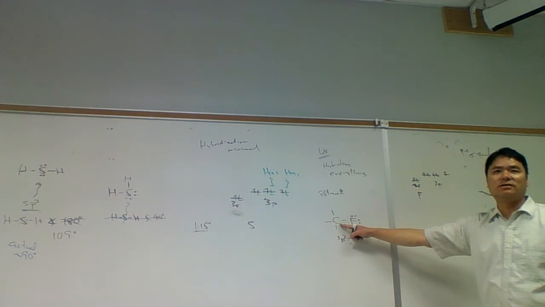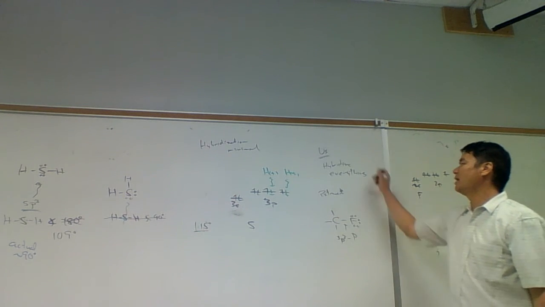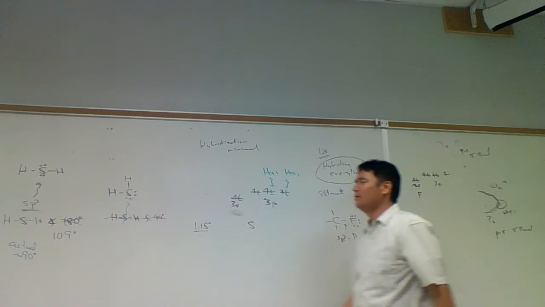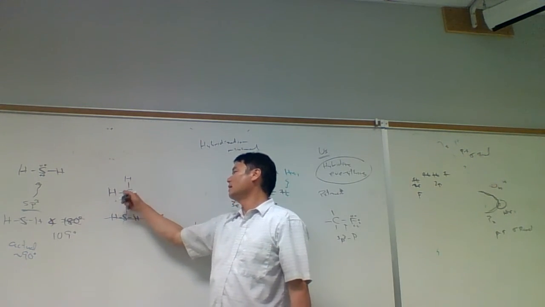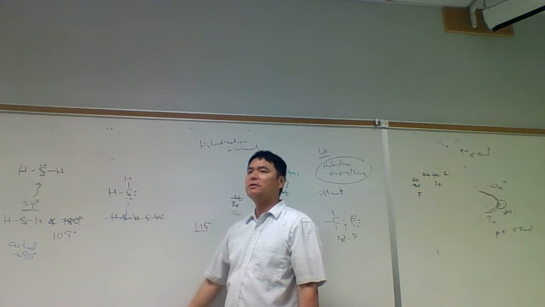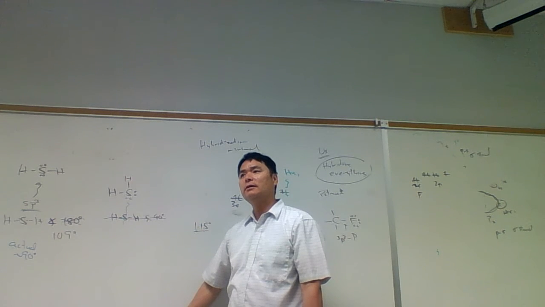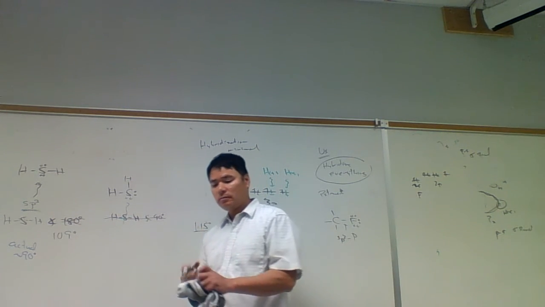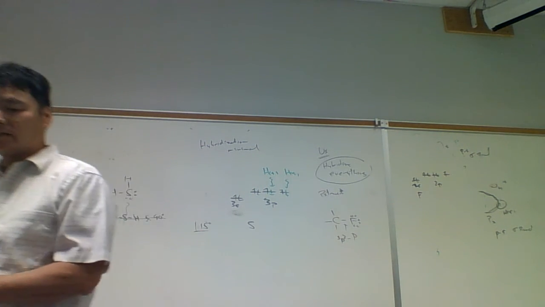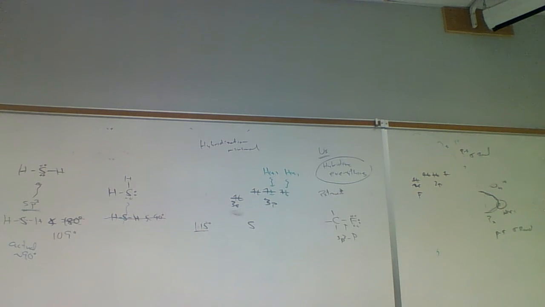Well, that's too much hassle, so we hybridize everything. Even though H2S is closer to unhybridized, we're going to hybridize it. We're going to call that sp3 and draw sp3 orbitals for that. Is that clear? Either way, there are drawbacks, so we might as well hybridize and keep our lives simple.